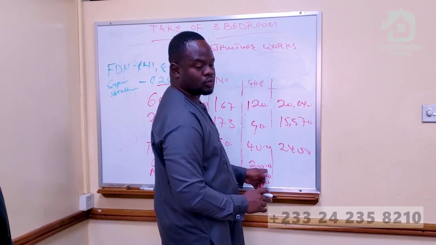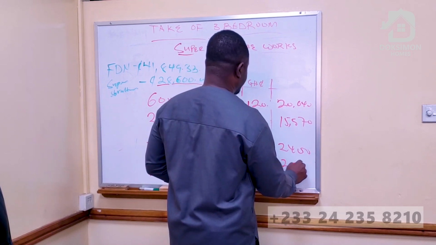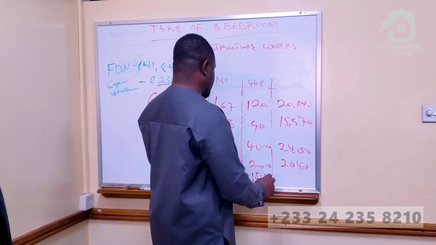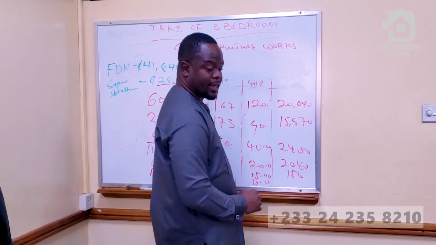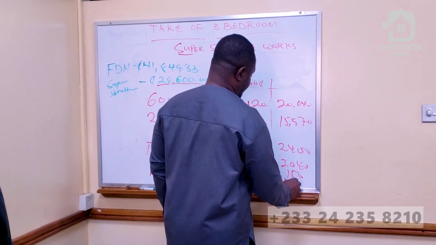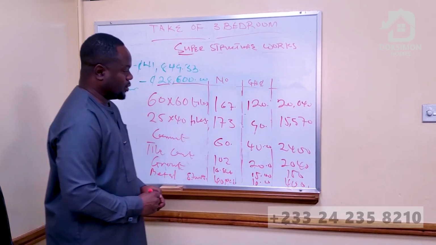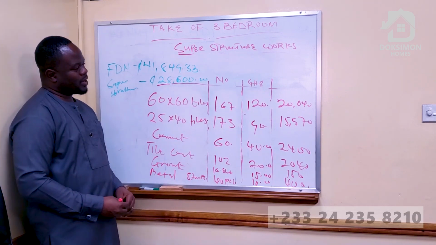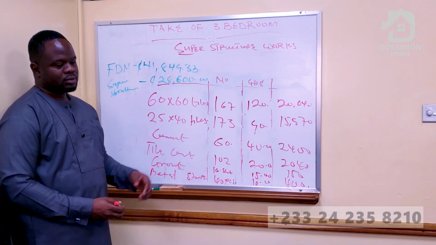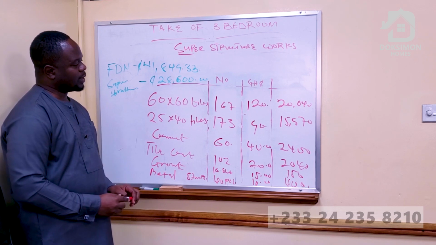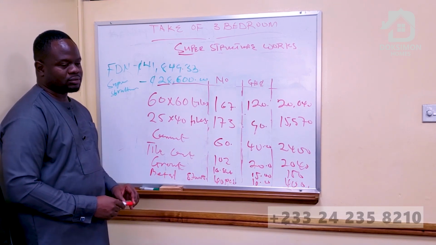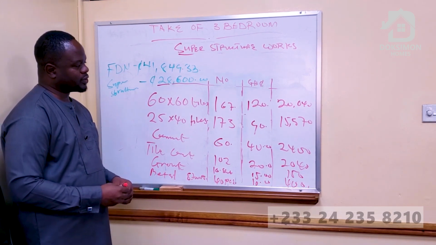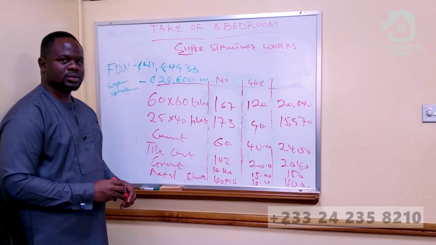So 102, 20, 40. We're looking at just 150 Ghana cedi and then 400 Ghana cedi. Alright, so it's not so much strange to spend almost this amount, close to 40,000, on your tile works within.